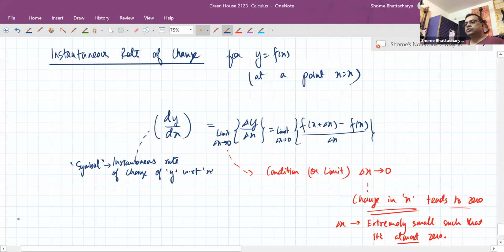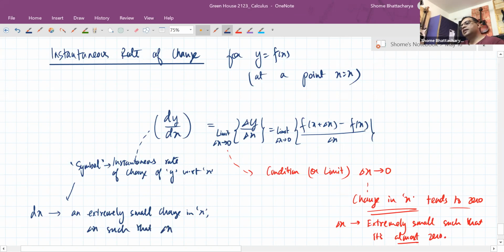So the delta is represented by d now, under the condition that it's a very small change. So what is dx? It is an extremely small change in x. So it's basically delta x such that delta x tends to 0.